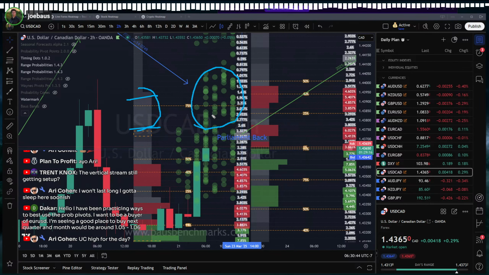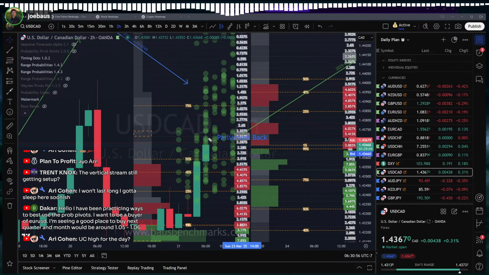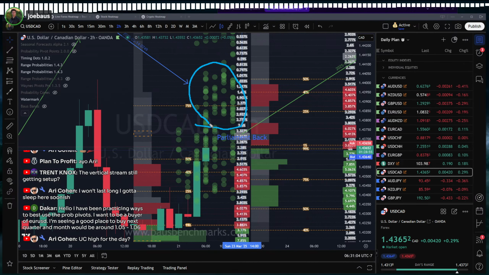So while it is pretty darn likely that we get the top for the day in right here, right now, there's a lot of dots here on the current bar. There is a decent chance that the top of the day could be in, but the probability, in my view, isn't totally discounted. We could just see some positive drift into end of day here.